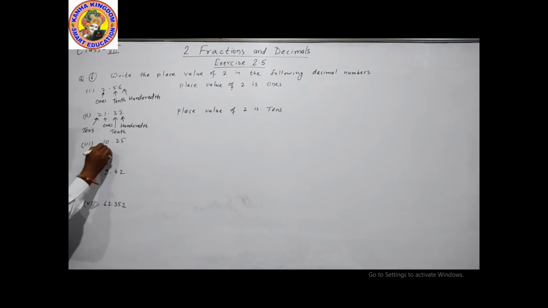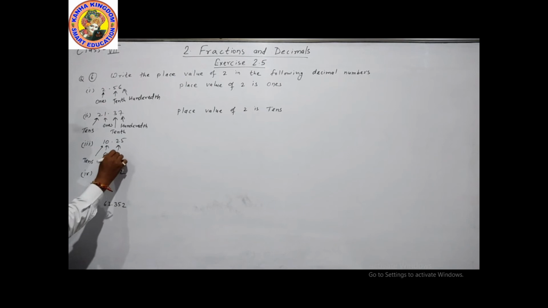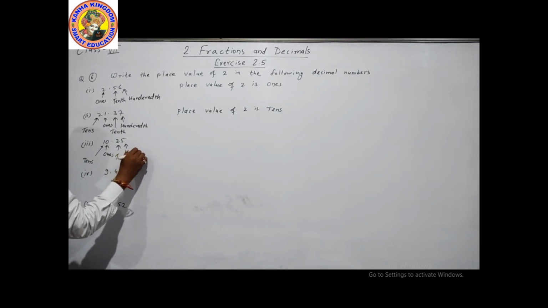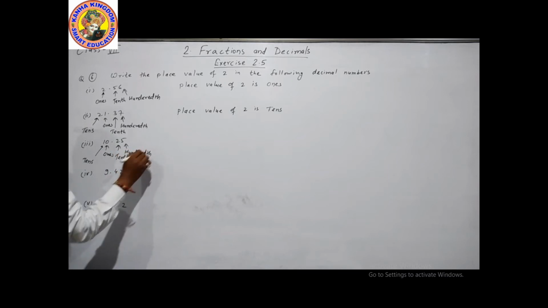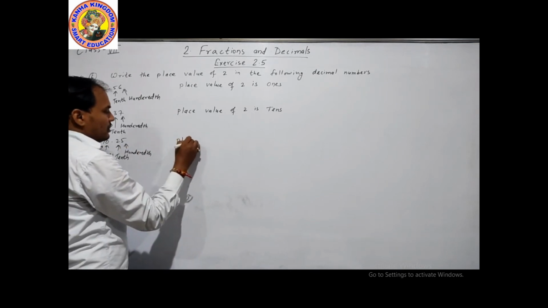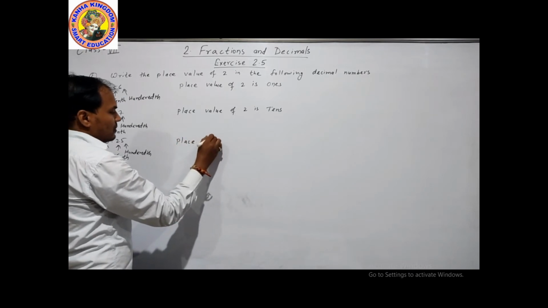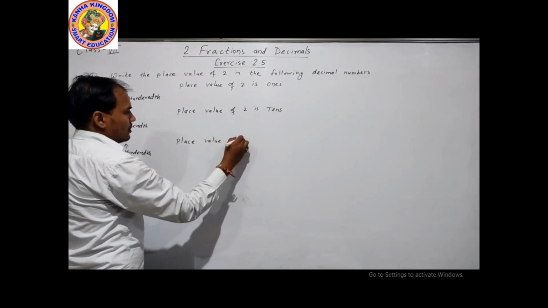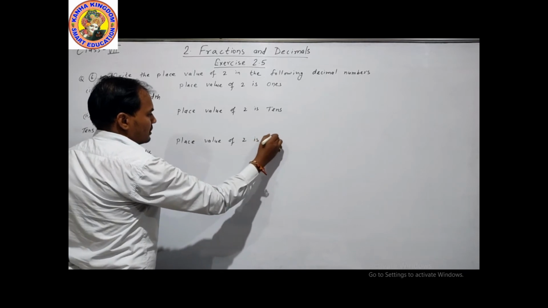Now this is our ones, this is tens, this is tenth, this is hundredth. Now where is 2 situated? 2 is situated at tenth. Place value of 2 is tenth.